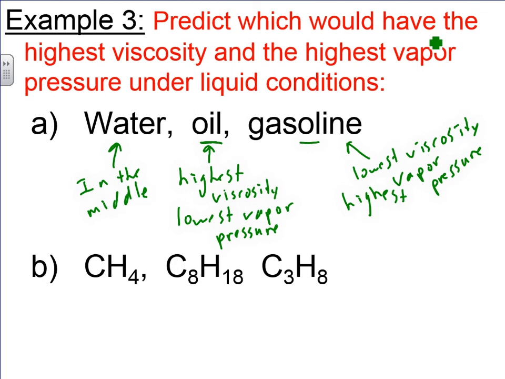Okay, for B, if you take a look, we have very similar molecules, and here what you're looking at is just the dispersion forces, the strength of the dispersion forces. So because this one has the biggest molar mass, because it has the most atoms, here you'll have the strongest dispersion forces. So this one will have the highest viscosity.